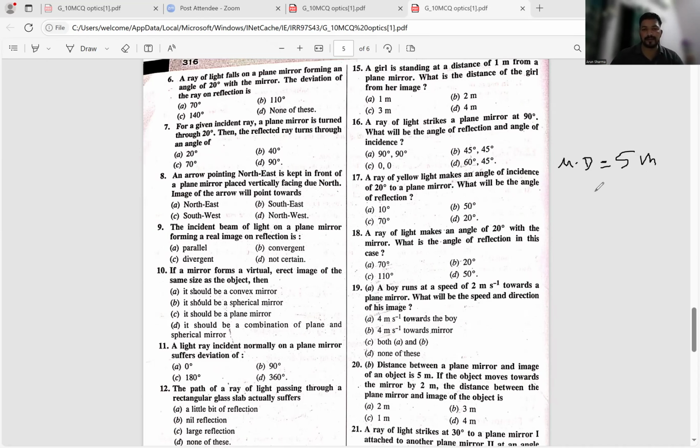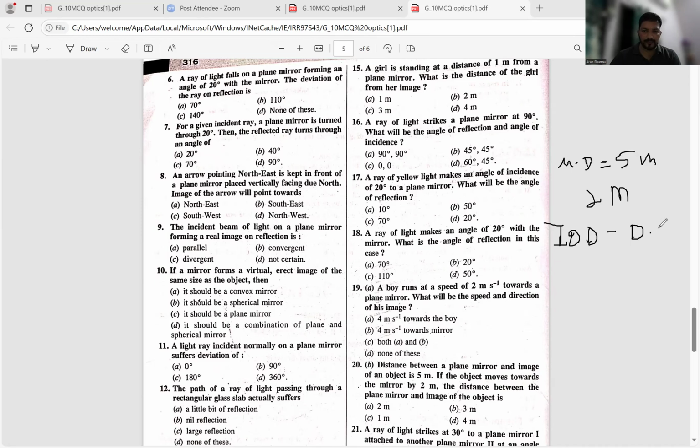Listen carefully, again I repeat this question. In the plane mirror, you can calculate the distance. The object moved 2 meter toward the mirror. So here we write: initial object distance minus distance moved.